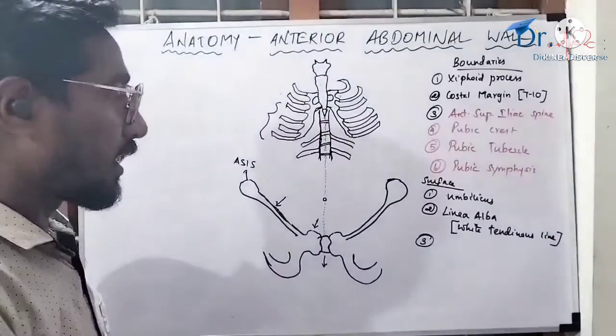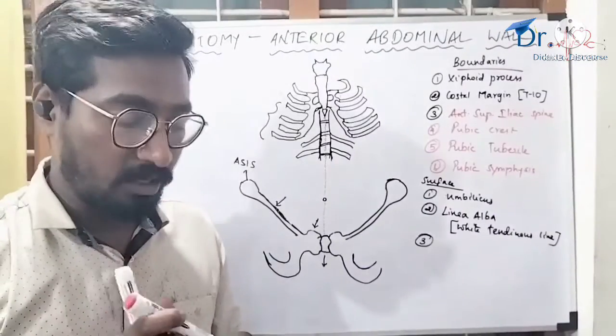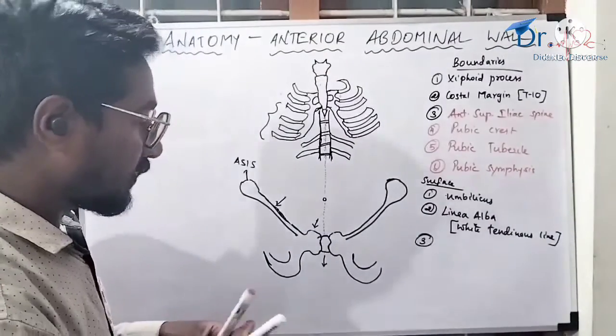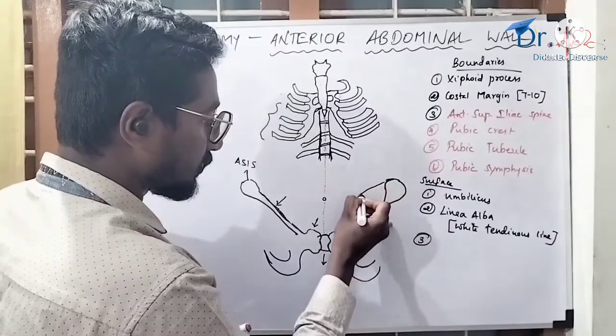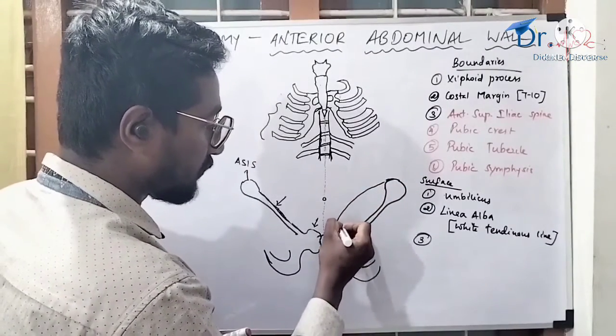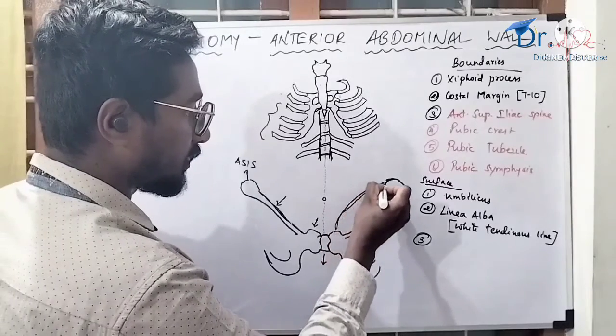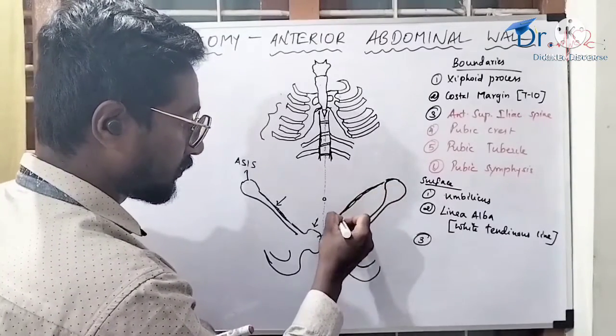And also you have the inguinal ligament, which runs from the anterior superior iliac spine until the pubic tubercle. You have the ligament which is called the inguinal ligament, right?